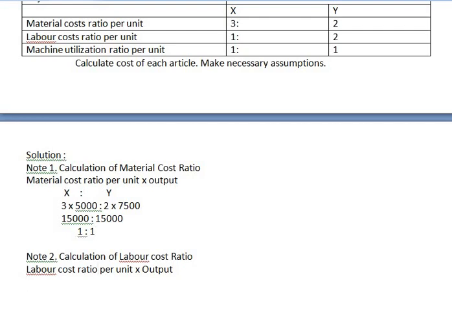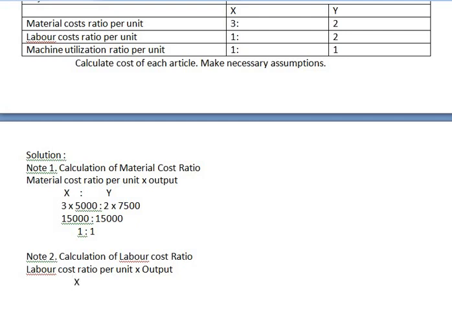Now next is calculation of labor cost ratio. Labor cost ratio per unit is given, that is 1 is to 2. Again we have to find out for 5,000 and 7,500 articles. Now again formula, labor cost ratio per unit into output.